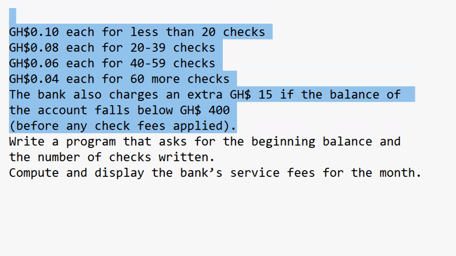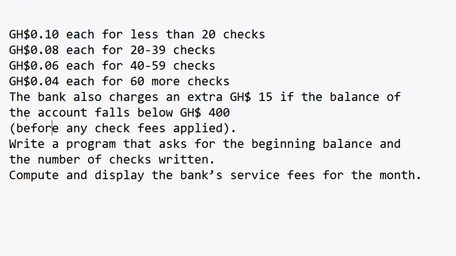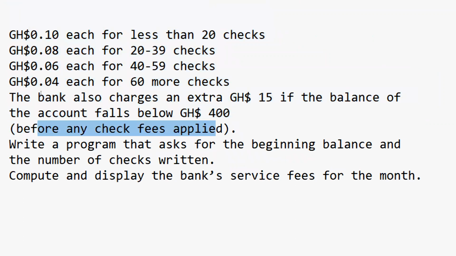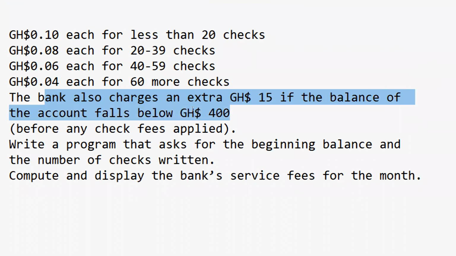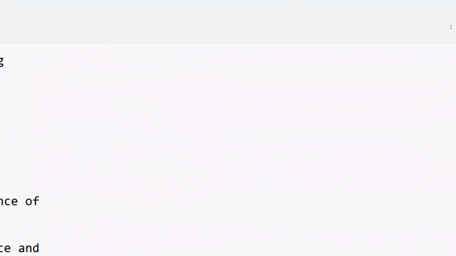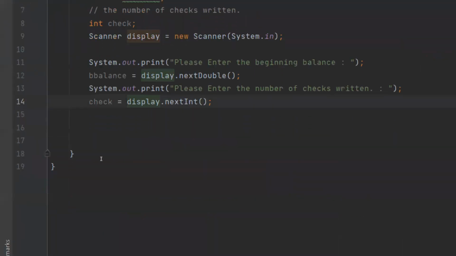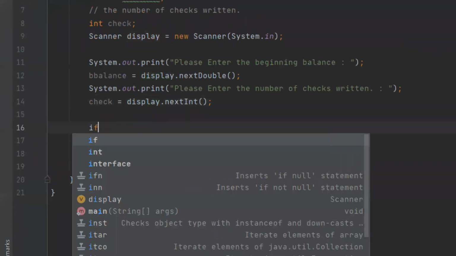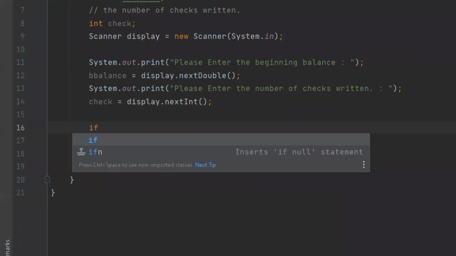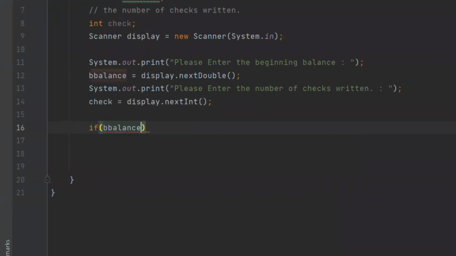Remember, they said that before any fee is computed, before anything is done, we have to calculate if the person falls below 400 and charge the person 15 cedis. Is that okay? So the first thing we are supposed to do is check if your beginning balance, all right, is greater than what? 400.